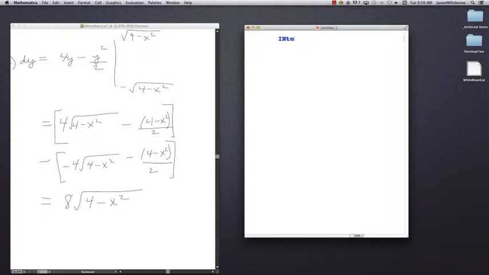So if I was going to test this problem, I would integrate 4 minus y, and then y would go from negative square root 4 minus x squared up to the square root of 4 minus x squared. You can ask Mathematica to integrate that for you, and you get 8 square root of 4 minus x squared. And you're feeling pretty good about your first step.